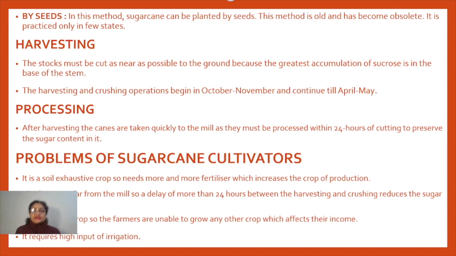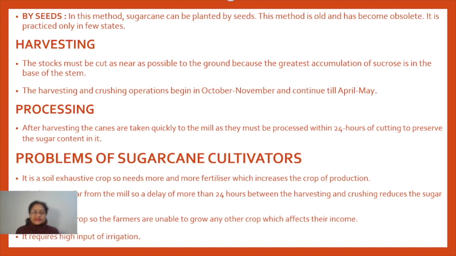When farmers grow sugarcane, they think that if the total production, the yield, is very good, they are going to get a proper return out of it. But at times, after harvesting they have got a good yield, but they are somehow not able to reach the mill within 24 hours.